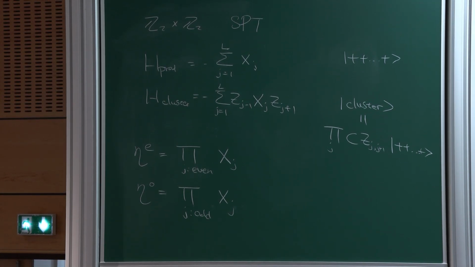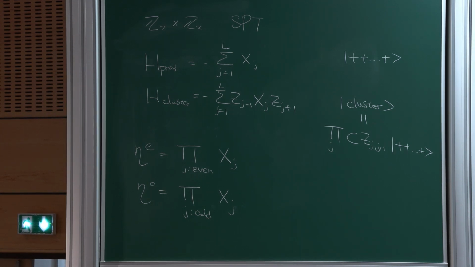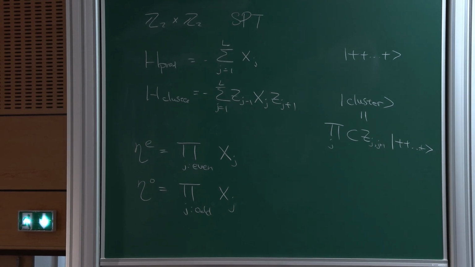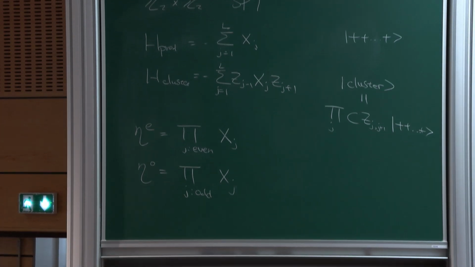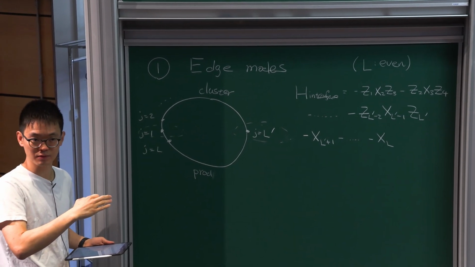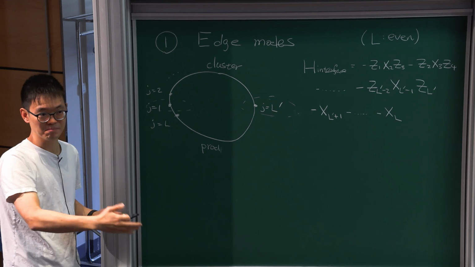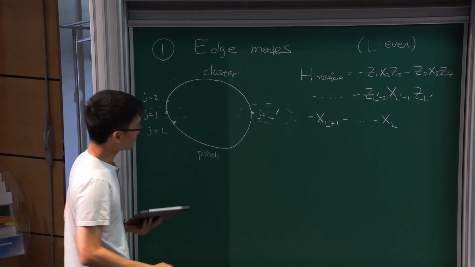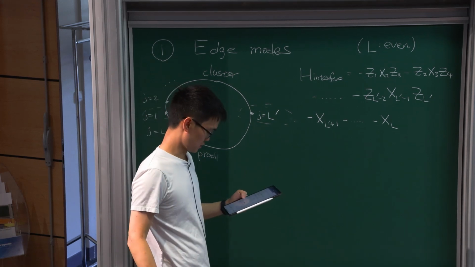I always have this product of X on a closed periodic chain. In the more conventional presentation, people usually break the symmetry operators, and there's no problem with that if you work with on-site symmetries. But I chose this presentation just because for the later non-invertible symmetry, it's a little bit more subtle how to break it. So that's the reason for this presentation.